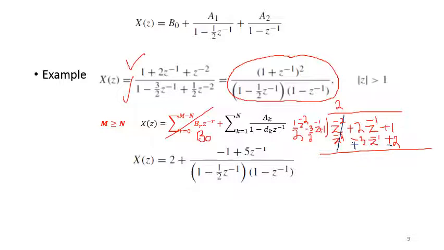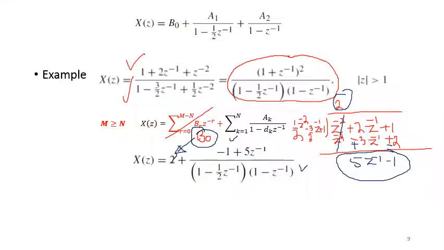Now 3 plus 2 is 5 z inverse, and this will become minus 1. So now I can write, this is your numerator and this is your denominator. In this case, you can see that the degree of the numerator is now less than the degree of the denominator, so we can write this one. So b naught now equals plus 2, and you have this expression now.